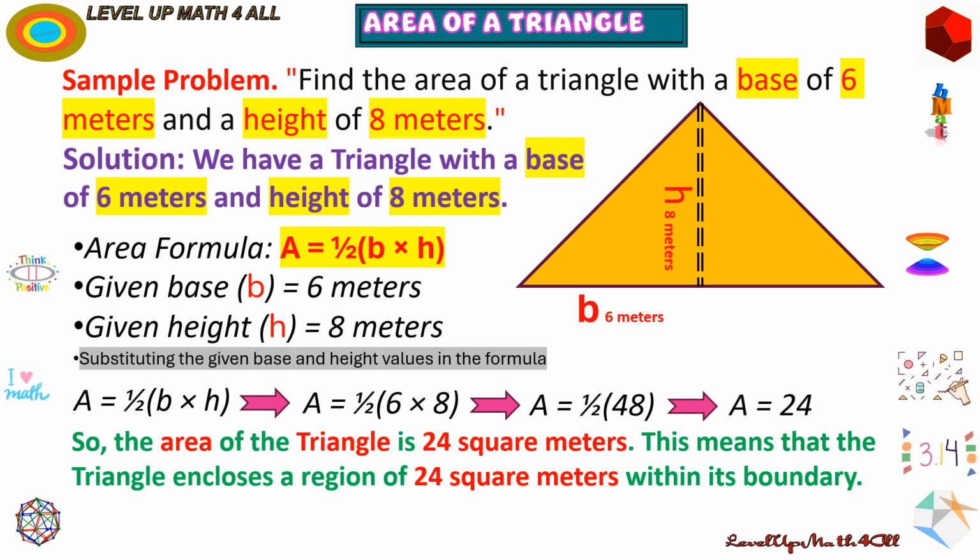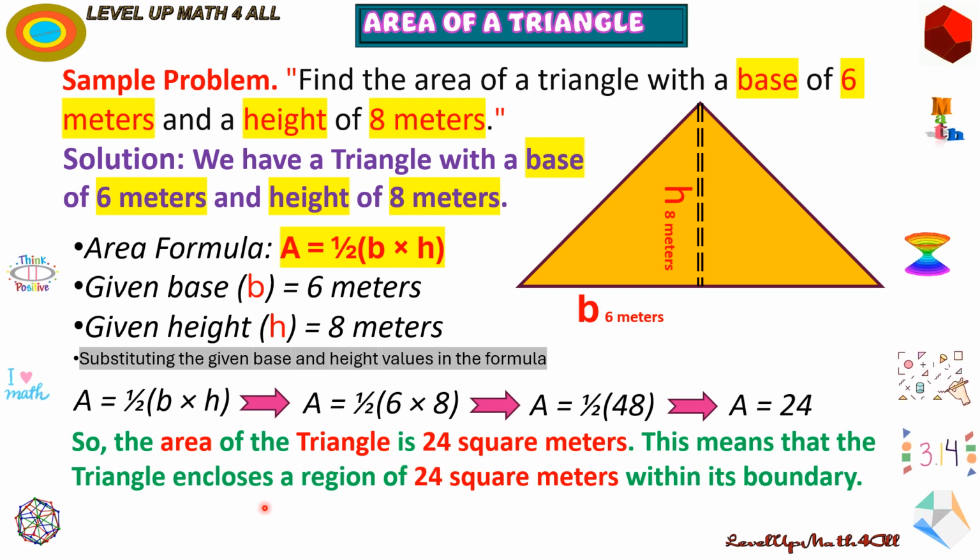A equal to half of 6 times 8, that is B, this is H. Now A equal to half of 48, 6 times 8 is 48. Then 48 divided by 2 is 24. So the area of the triangle is 24 square meters.